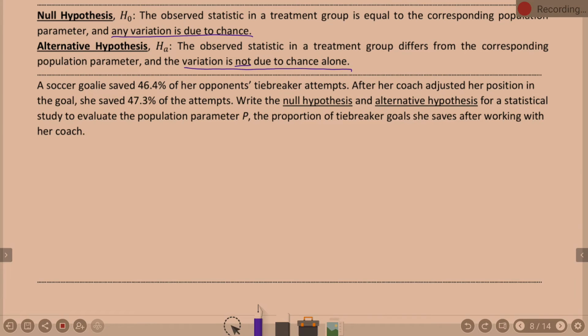Okay. A soccer goalie saved 46.4% of her opponent's tiebreaker attempts. After her coach adjusted her position in the goal, she saved 47.3% of the attempts. Write the null hypothesis and the alternative hypothesis for a statistical study to evaluate the population parameter P, which is the proportion of tiebreaker goals she saves after working with her coach.